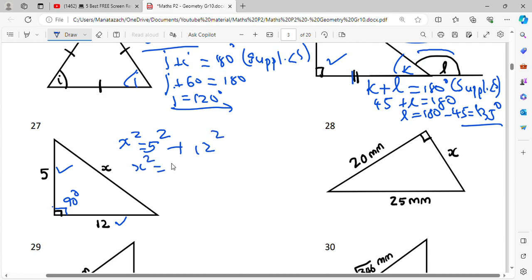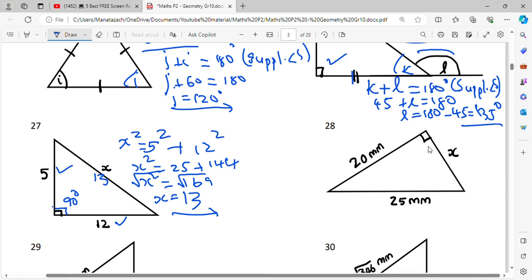That means x squared is 25 plus 144. X squared will give us 169. So putting square root signs on both sides, we'll find that x is 13. So that side there is equal to 13. So that will be the answer.